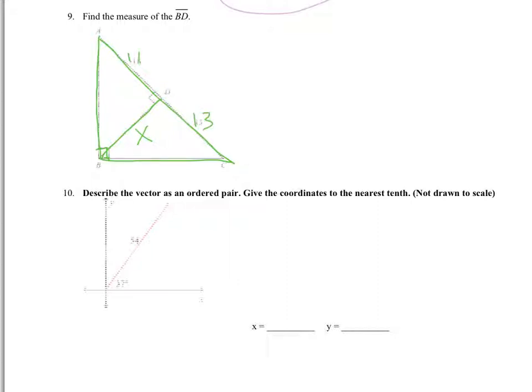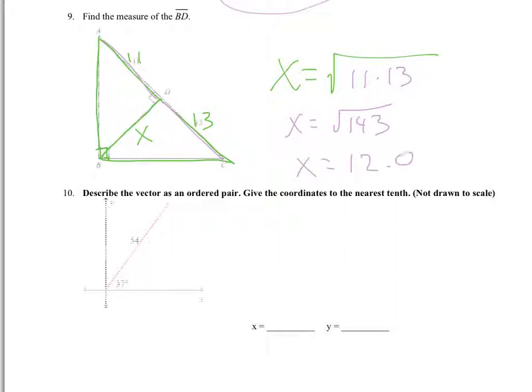If you recall, the altitude, x, is the geometric mean of these two segments. Square root of that product, 11 times 13. So you just take the square root of that. X equals radical 143, rounded to the nearest tenth, it also equals 12.0.